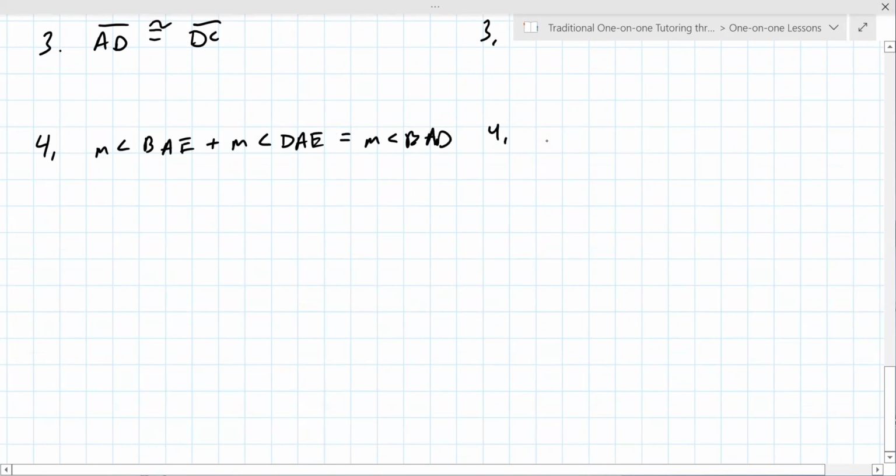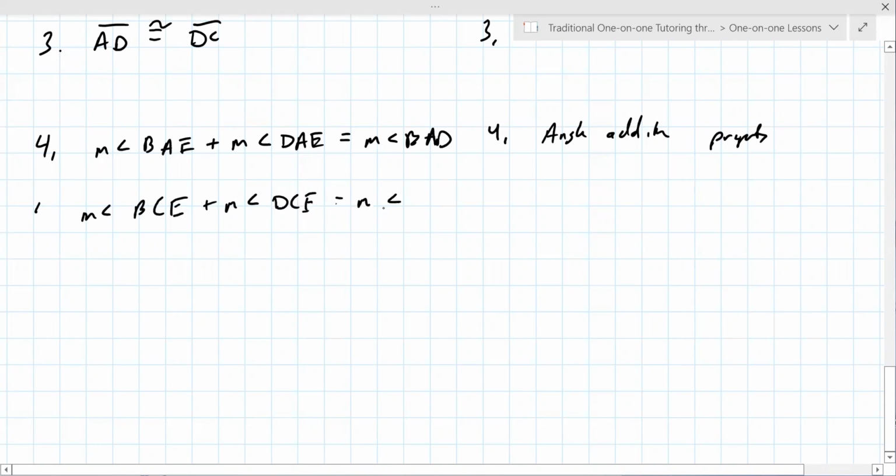That's the angle addition property, adding the angles together. In the same step, the measure of angle BCE plus the measure of angle DCE equals the measure of angle BCD, for the same reason. That's the one on the bottom.